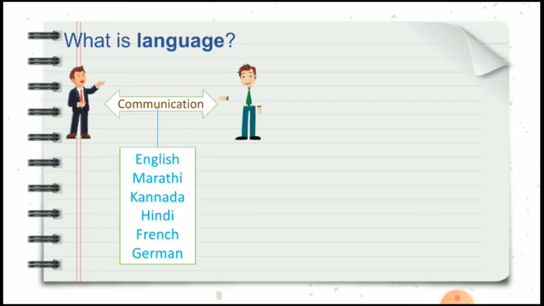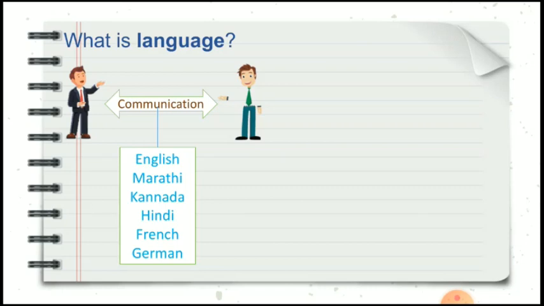But what if a person wants to give instructions or communicate with the computer or any machine? The important thing is that computer cannot understand human languages like English, Marathi, Hindi, Kannada, etc.